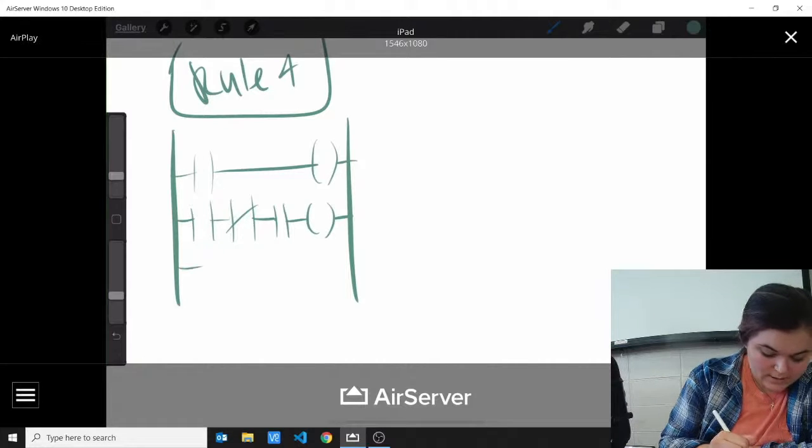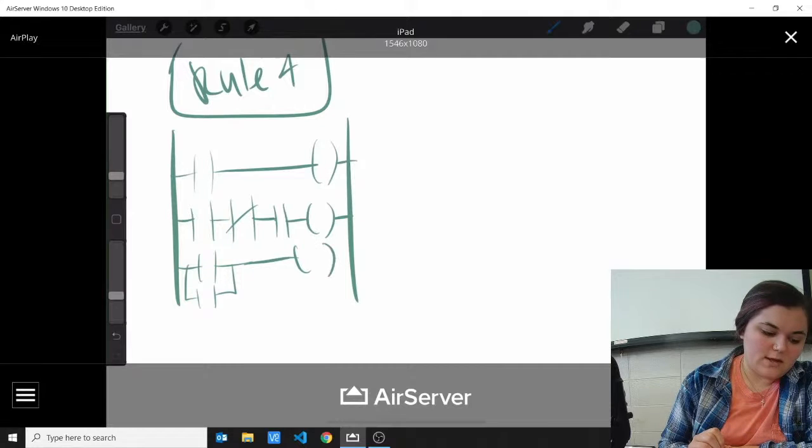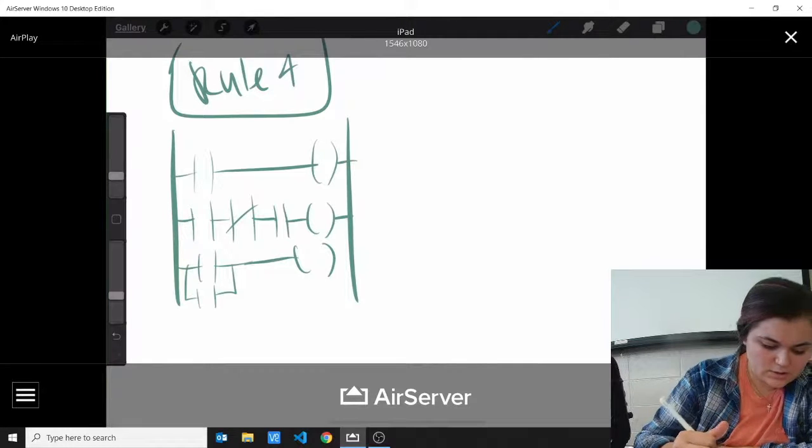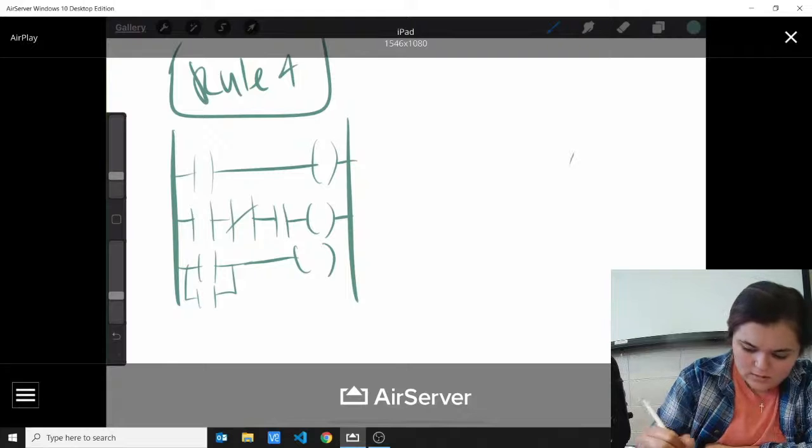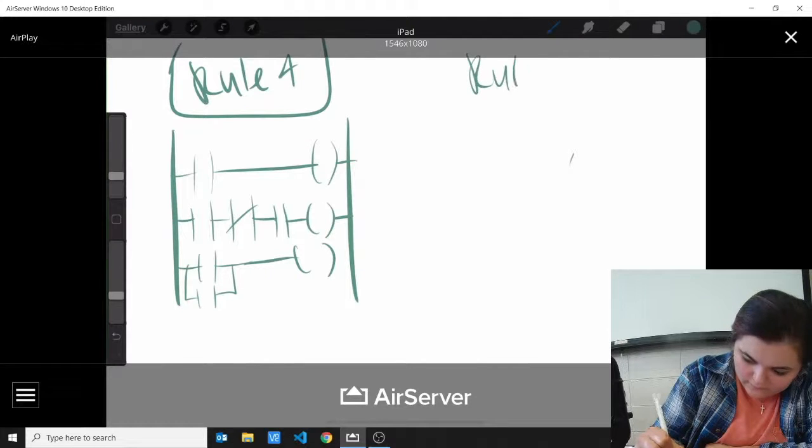And then you have a normally open input, normally open, to your output. That's just showing that you can have different kinds of inputs on the same rung in multiple locations in your logic. And then let's say rule 5.